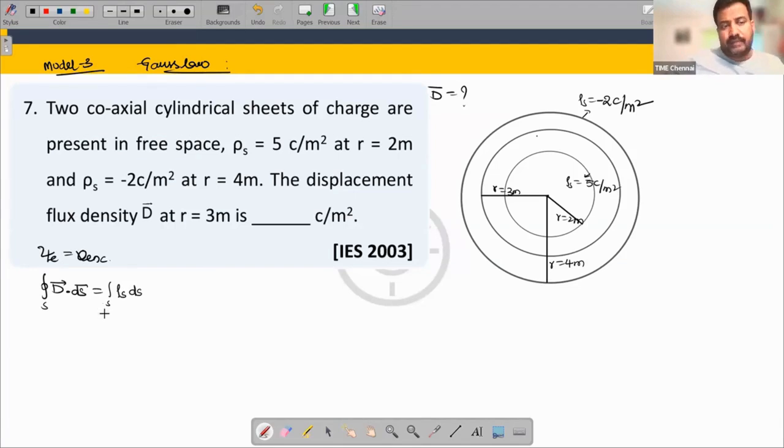Now, there are three cylindrical sheets here. This is called the three cylinder model. What will we do here? This is the Gaussian surface, r equal to 3 meter.